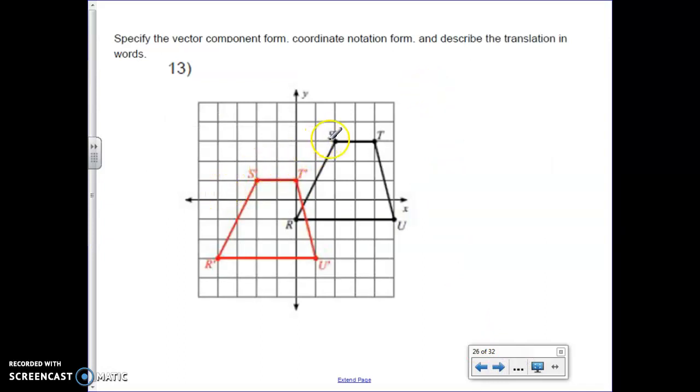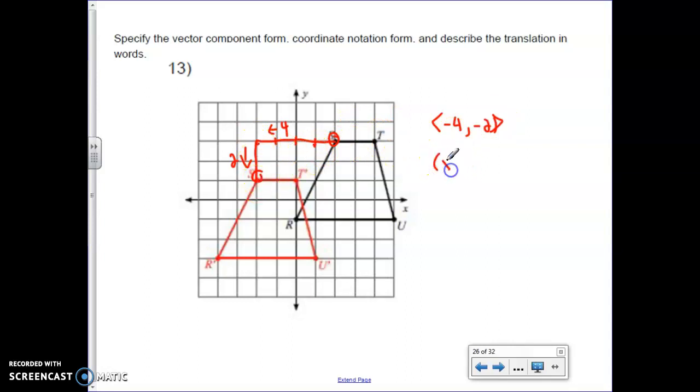So I'm taking S and trying to identify, hey, what do I have to do to get to S prime? So I'm going this way and then down. 1, 2, 3, 4. Left 4, down 2. So in vector component form, I'm saying it's going -4, -2, because left to right, it's going to the left 4, and then up or down it's going 2.